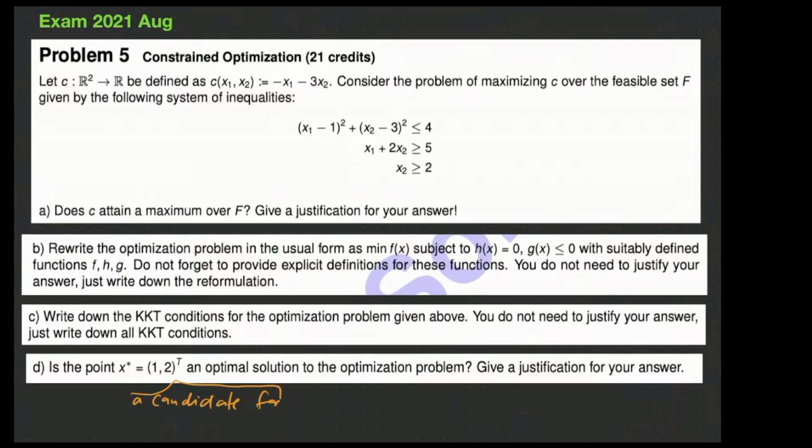Very quick progress check. Who's done with A already? Quick show of hands, please. Who's done with B? Who's done with C? And who's done with D? Okay, we need a couple more minutes for our audience to catch up.